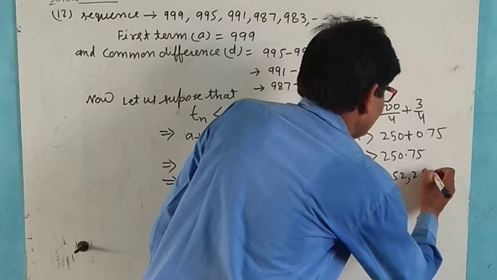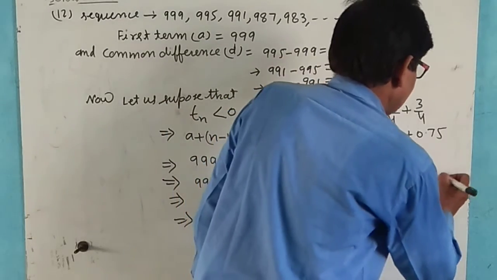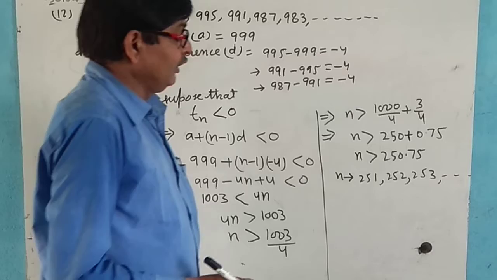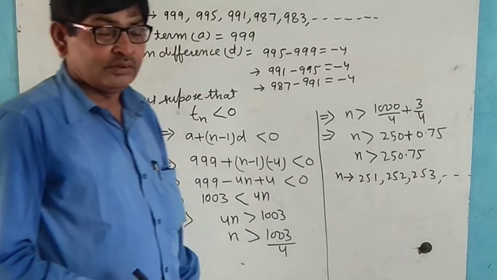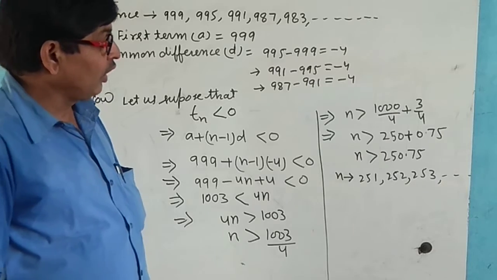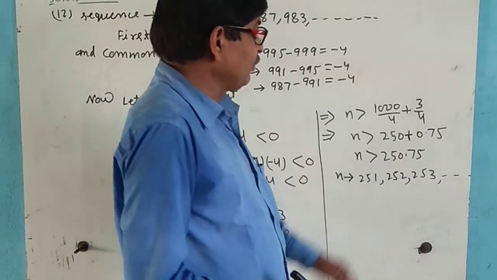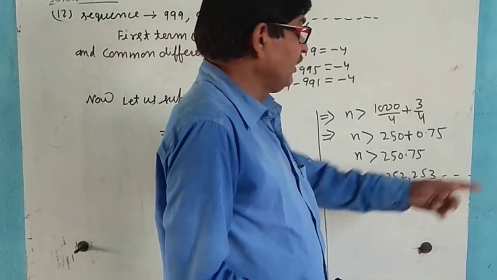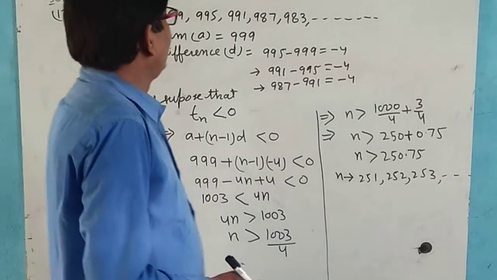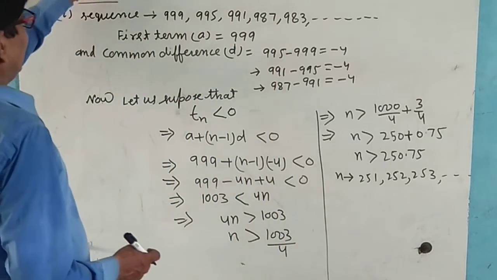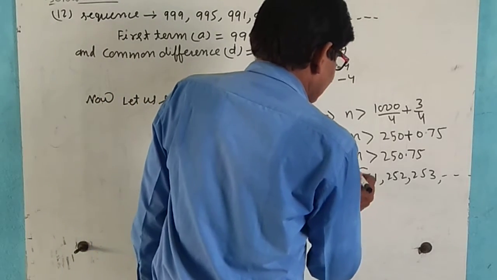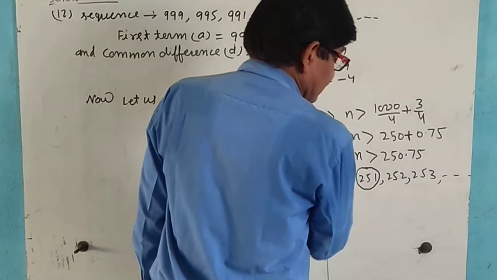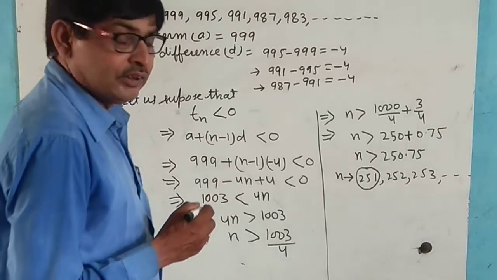It means that the 251st term is negative, the 252nd term is negative. These are negative terms, and in the question we need the first negative term, so the first negative term is the 251st term.